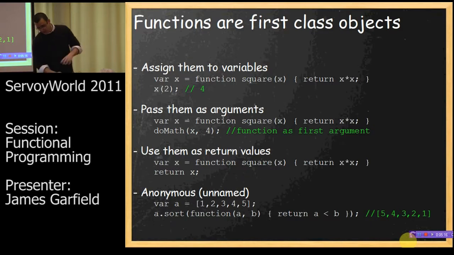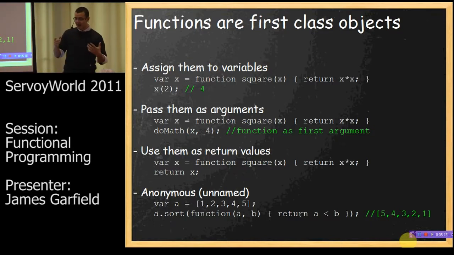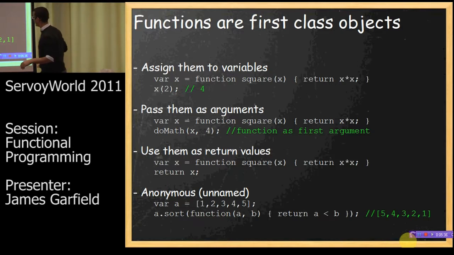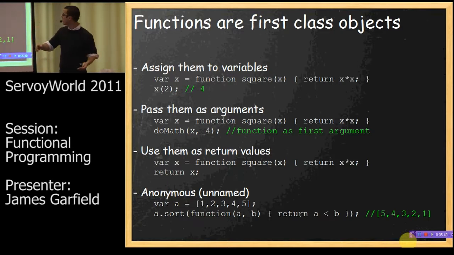And they can also be anonymous. They don't have to be named. If you've ever used arrays, sometimes you need to sort them in a certain fashion, and by default they will sort in numerical order if it's numbers. Maybe you need it to sort backwards, so you can pass the sort function of arrays another function and tell it how to sort that.